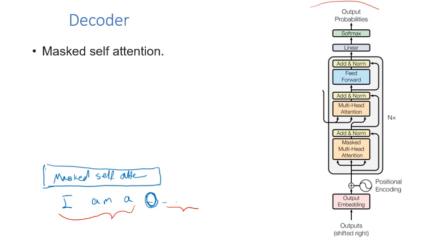So what I have said so far is I am a, so I just need to attend to these words. That's what masked self-attention does. Masked self-attention masks everything which comes after, so look at the words before. That's the difference between masked self-attention and self-attention.